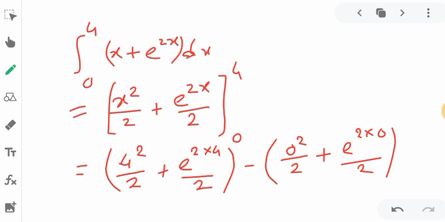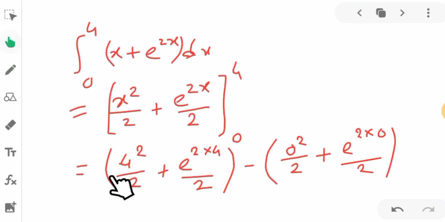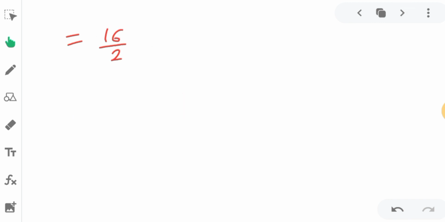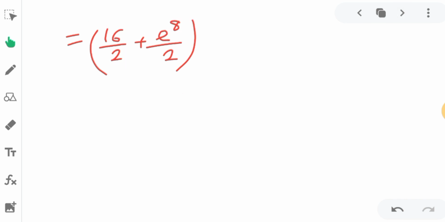I will simplify. 4 square is nothing but 16 upon 2, plus e to the power 2 into 4, which is 8, so plus e to the power 8 upon 2, minus. This is the first bracket I solved, then I will solve the second bracket.